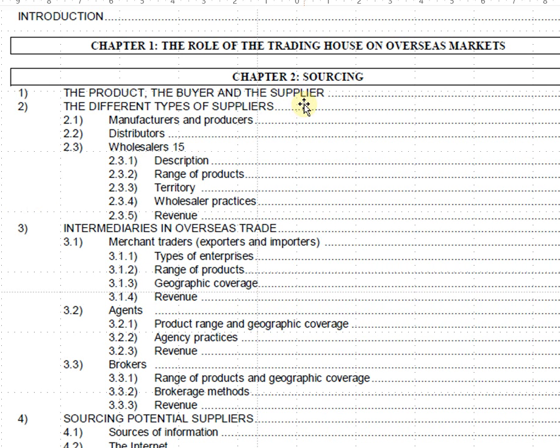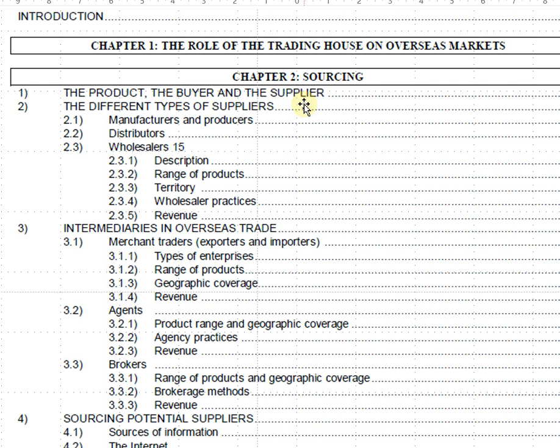We also have to detect other parties like manufacturers and producers, distributors, and wholesalers, who are also involved and engaged in trade overseas. As for wholesalers, we will learn the descriptions, range of product, territory, wholesalers' practices, and revenue.